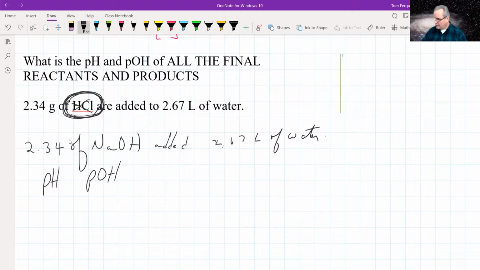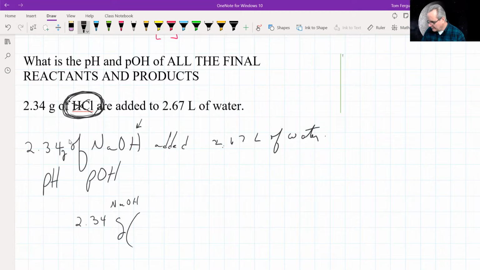Now, because we're working with a base, we have to calculate the pOH because the pH doesn't exist directly in a basic system, only pOH. Okay, so we're going to convert the 234 grams of NaOH to moles.